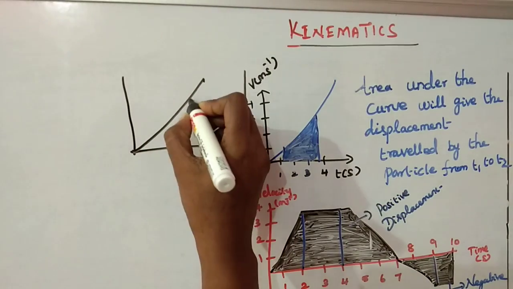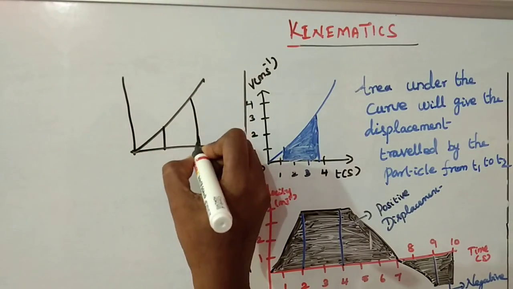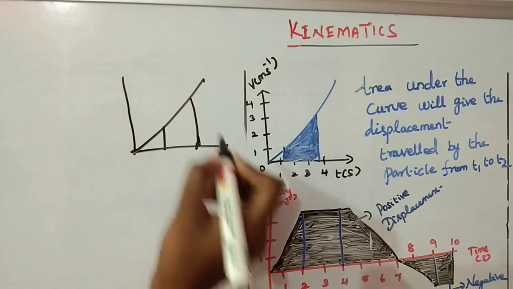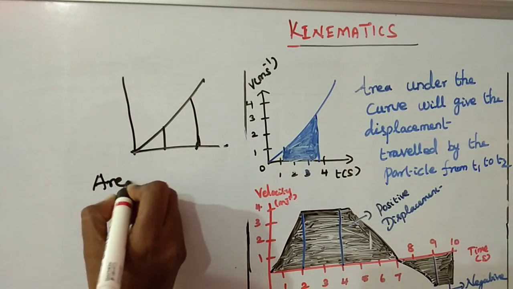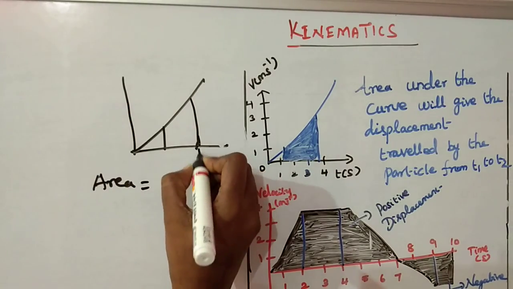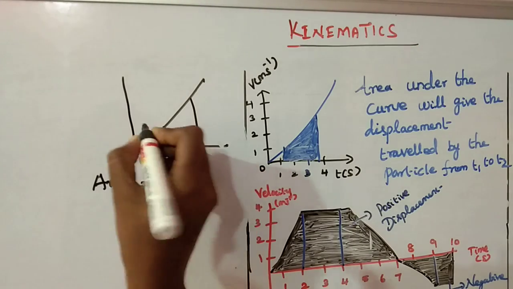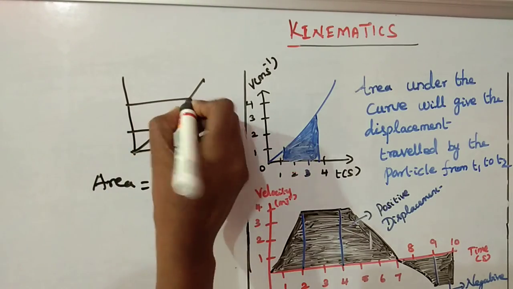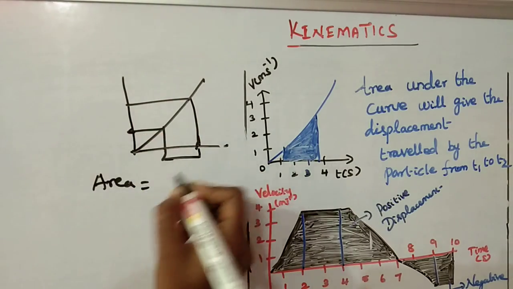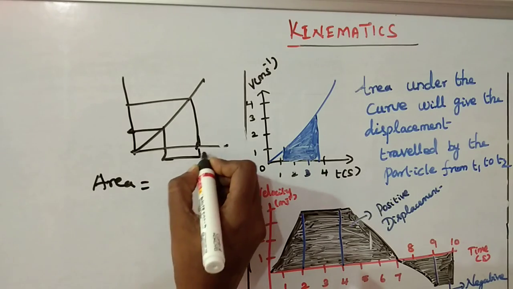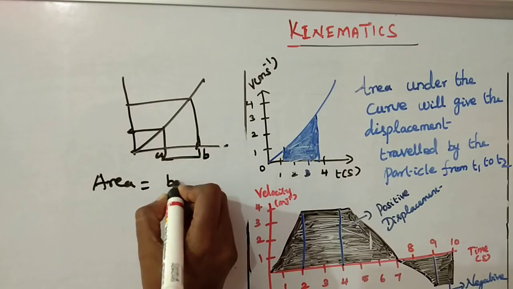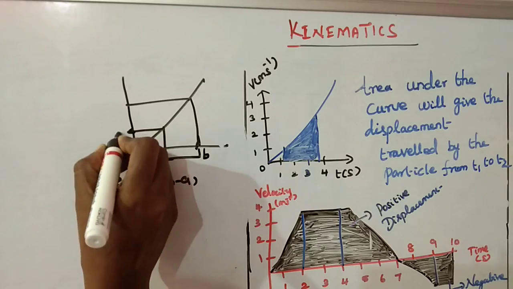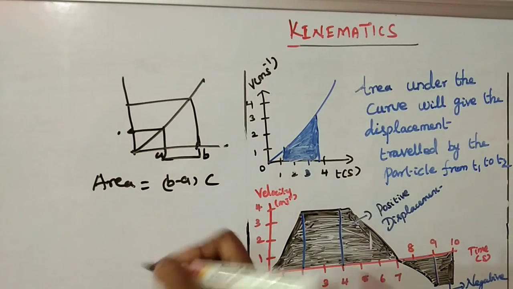Suppose we draw this curve and this is the area under the curve. How do we calculate the area? We get the area from the difference between these two terms, this peak and this peak. This is B and this is A. So B minus A into C is the area value.